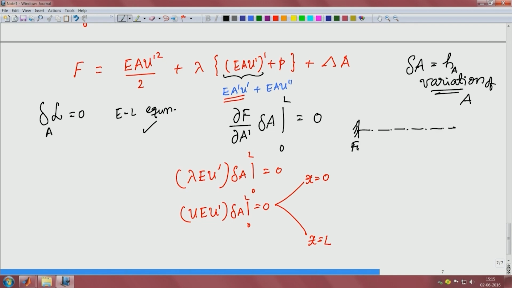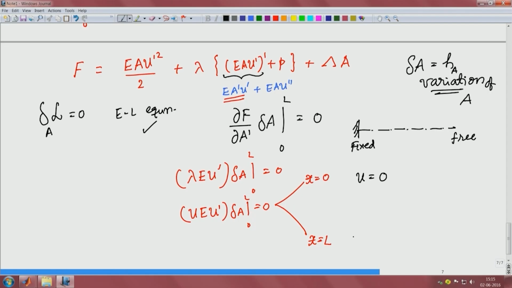So I say this is fixed here and then free there. Now if you look at x equal to 0, u is equal to 0, right. So this boundary condition is satisfied because u is specified, that is 0.